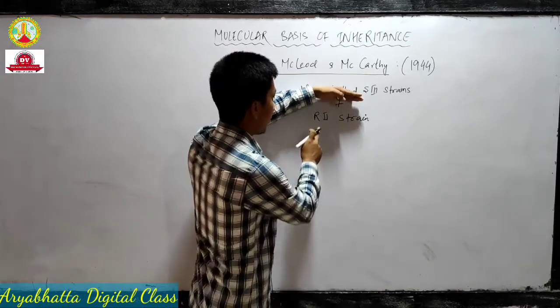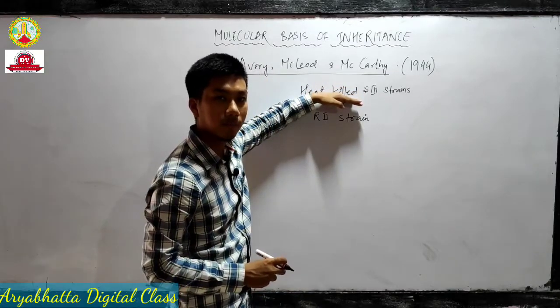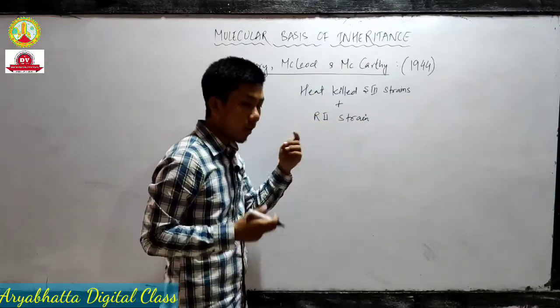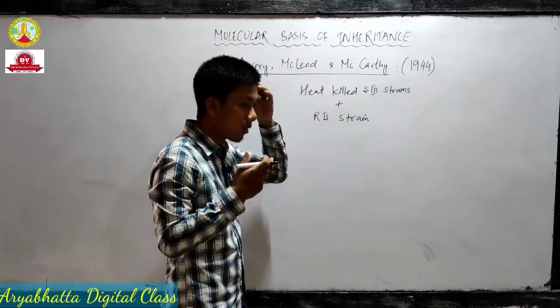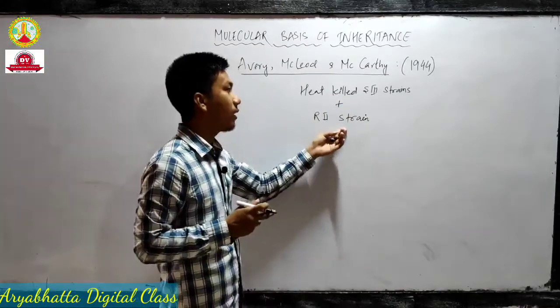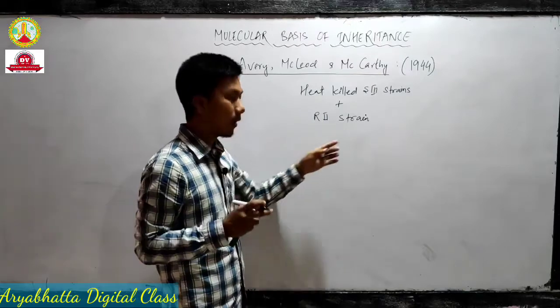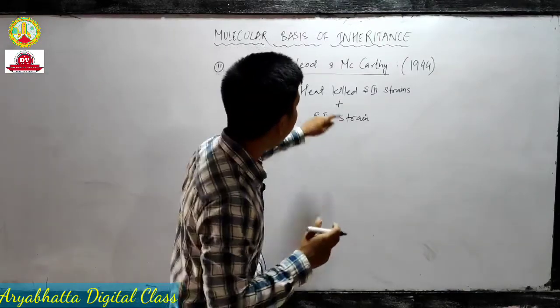And when Griffith used the R2 strain, the mice lived again, because R2 is non-virulent, they do not cause any disease. So he found that the mice live.